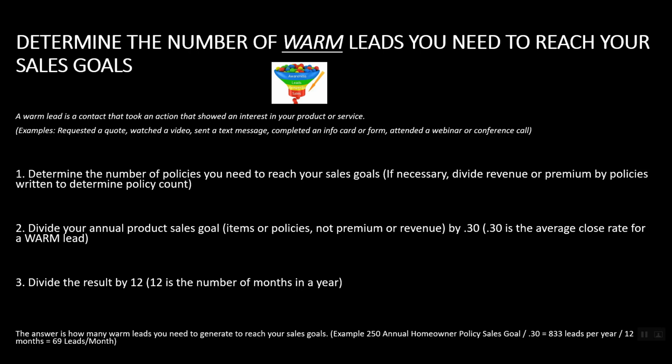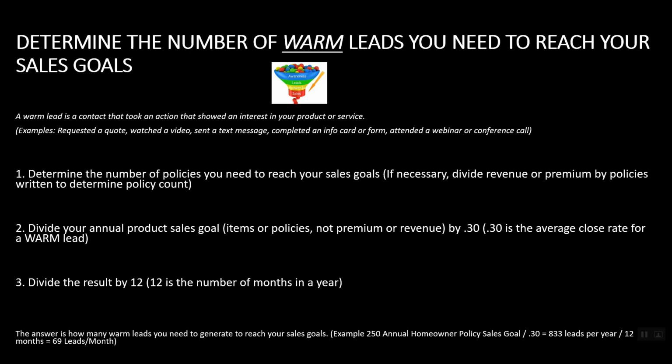So what do we do? First, again, we determine the number of policies we need to reach our sales goal. Then we divide that annual sales goal by 0.30. Why? Because a warm lead closes at about 30%. I know my captive guys are saying, no, we only close at 8% or 10% or whatever.